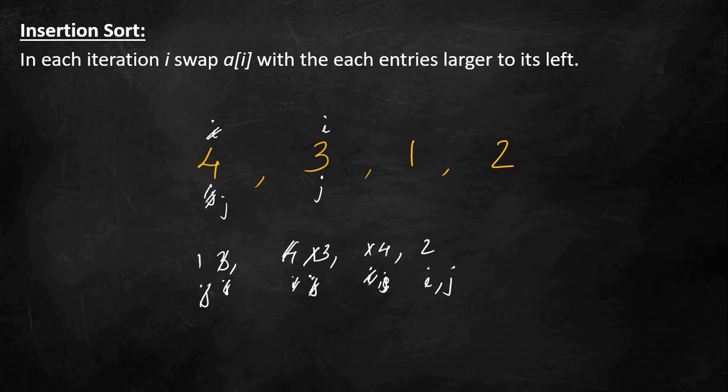Now the array is 1, 3, 4 and 2, and i and j are here. Again I will do the same thing. If you see the values to the left of i, that is 1, 3, 4, all are in sorted order. So till this point we have been able to sort the array, right?